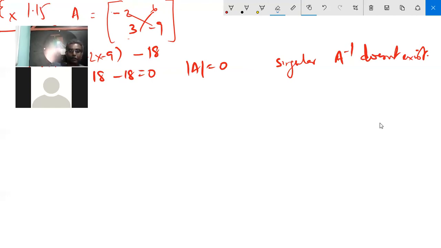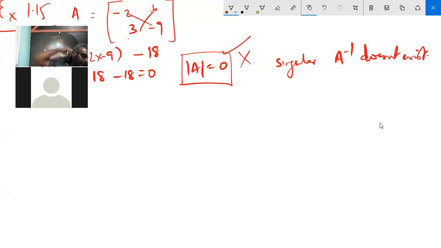If this delta is equal to 0, it is a singular matrix. Last time it was a non-singular matrix. Only for a non-singular matrix does the inverse exist. Determinant equal to 0 means no inverse exists. Determinant not equal to 0 means A inverse exists. That's all. Okay.